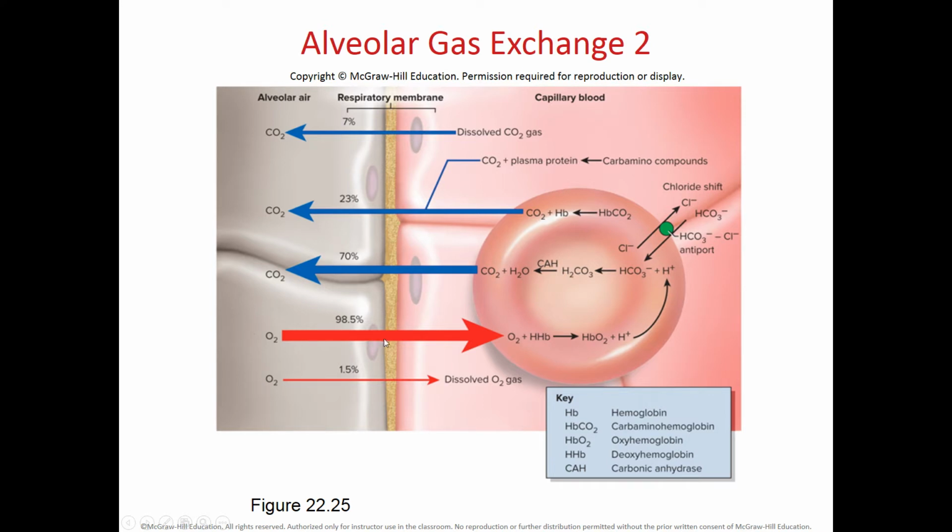So 98.5% will go combined with this hemoglobin, and then you will form oxyhemoglobin, and then you displace this hydrogen ion that was found here before. And 1.5% of the oxygen, since you have saturated all your hemoglobin molecules, will be dissolved as oxygen, and it will form the partial pressure of oxygen.